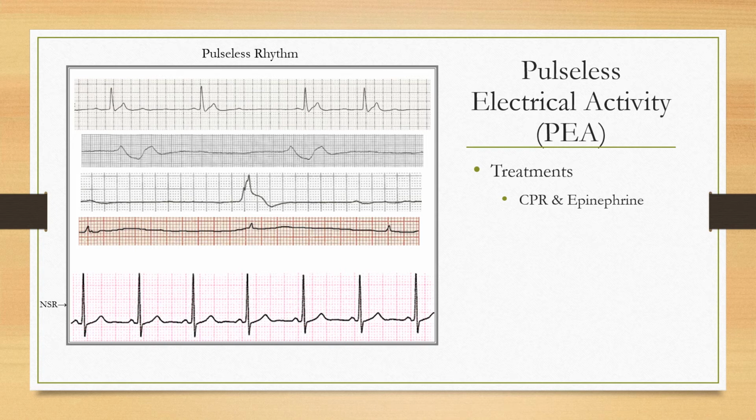So there are a couple of things that we think of that could be reversible, but for the most part, pulseless electrical activity has a really poor prognosis. And while we're doing CPR and epinephrine, we're thinking, okay, what are the reversible causes that I could potentially help this person with?